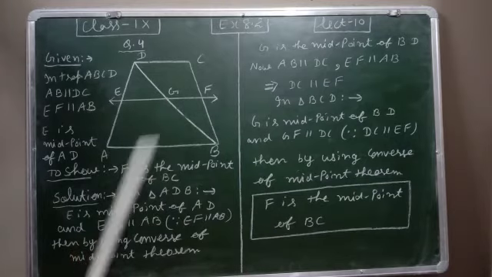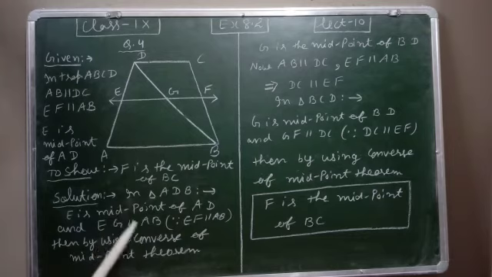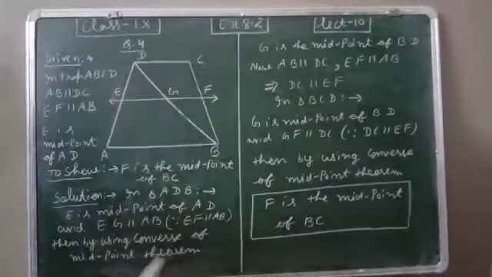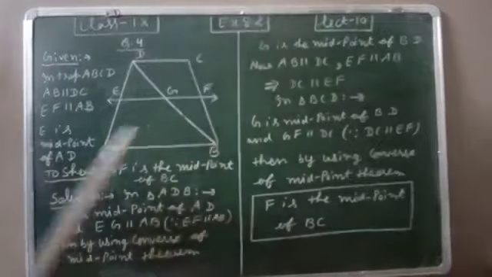When EF and AB are parallel, then their parts are also parallel. So one midpoint is given and one pair of parallel lines is given. It means we can use the converse of the midpoint theorem. Then G is the midpoint of BD.